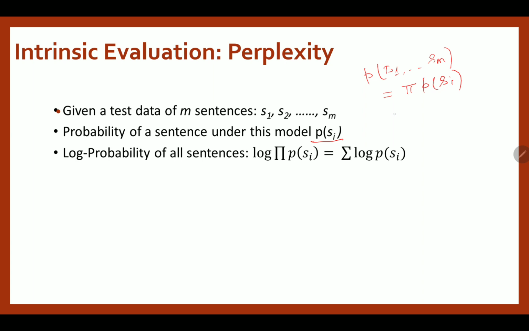And then you take the log. Taking the log has the usual advantage. Again, think about why we should take a log and what kind of advantage it gives. This would now be the summation of log p of Si. So that's what we have.